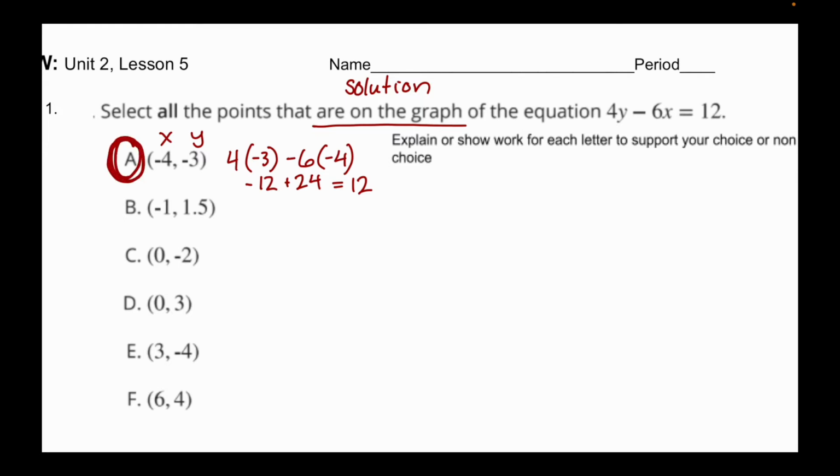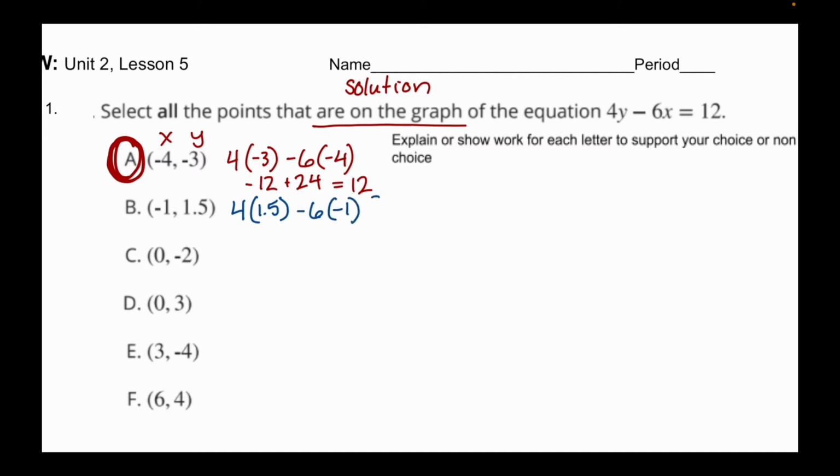And I'm going to alternate using red and blue just so you can see which work goes with which problem. That way they don't blend in as much together. So for B, we're going to do the same thing. We're going to say 4 times y, so that's the 1.5, and then minus 6 times negative 1.